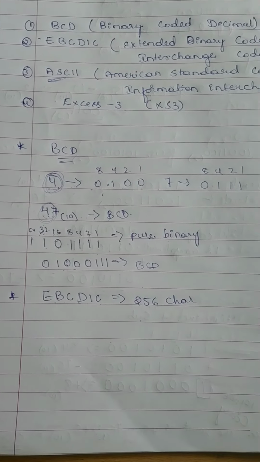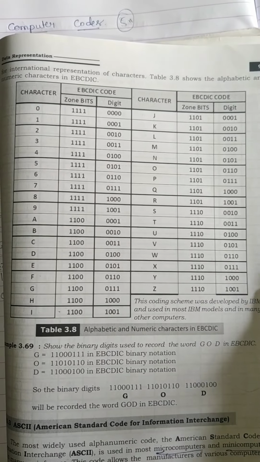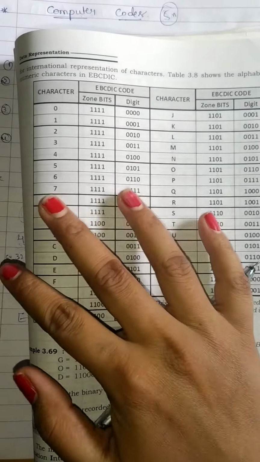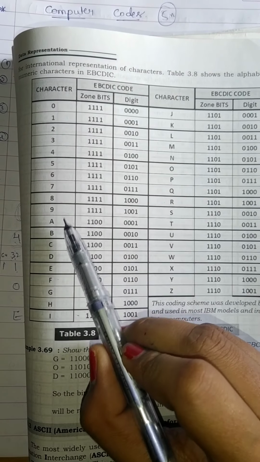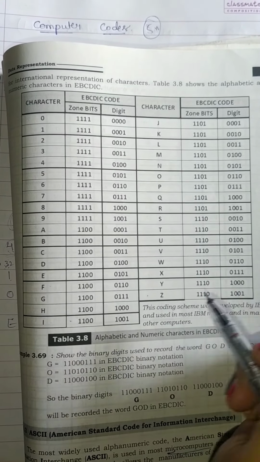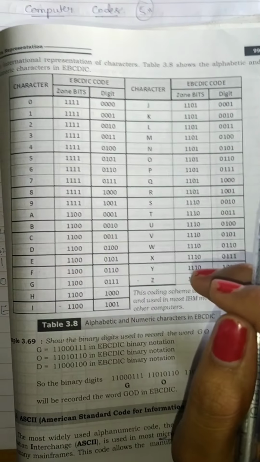Memory dumped by the computer system that uses this EBCDIC format. So you can see the table here. Okay, so no need to remember all these values, just go through this table. Here we have characters 0 to 9 and A, B, C, D up to Z. So zone bits and digits.